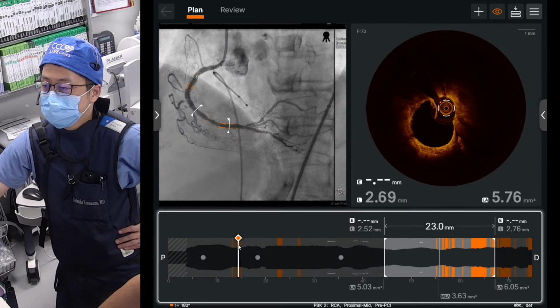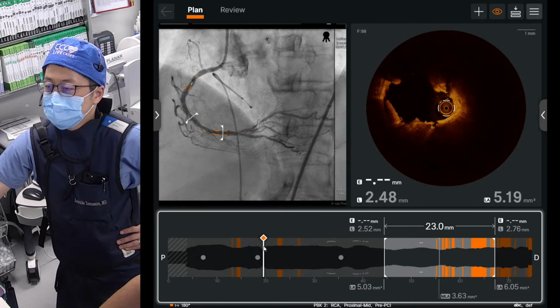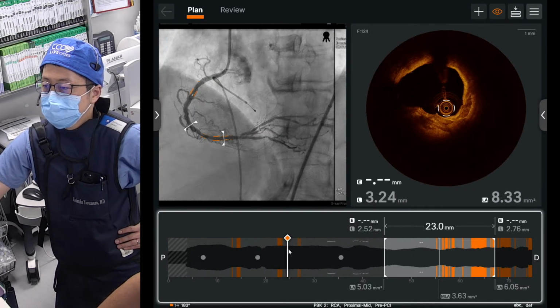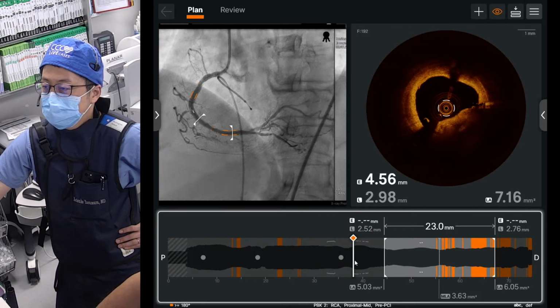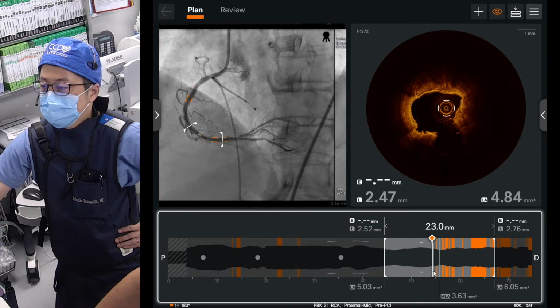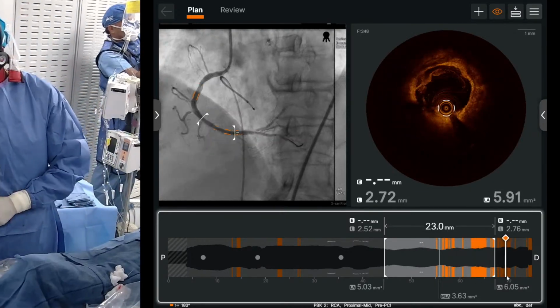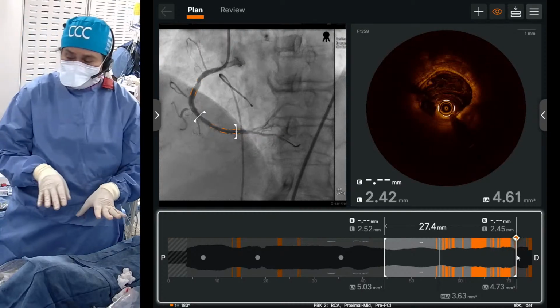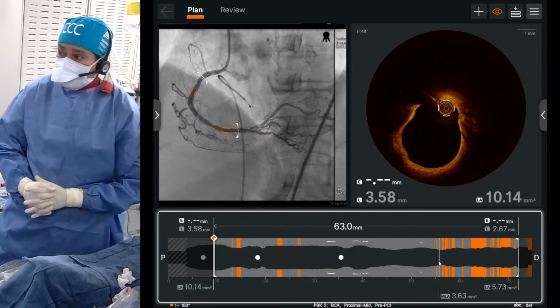So what we have also seen, and why it is important that we need more than 180, closer to 3-quadrant calcium, is that if you have calcium that is 1 quadrant, 1.5 quadrant, and then you see fibrous tissue or lipid on the other side, at the edges we start seeing dissection and what we call microperforation when we do the IVL, which we have shown in many of our live cases.